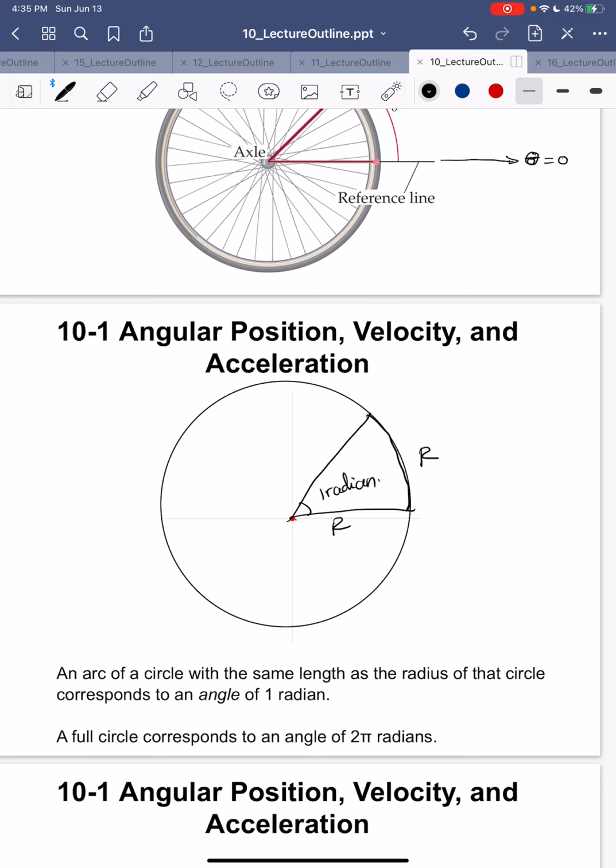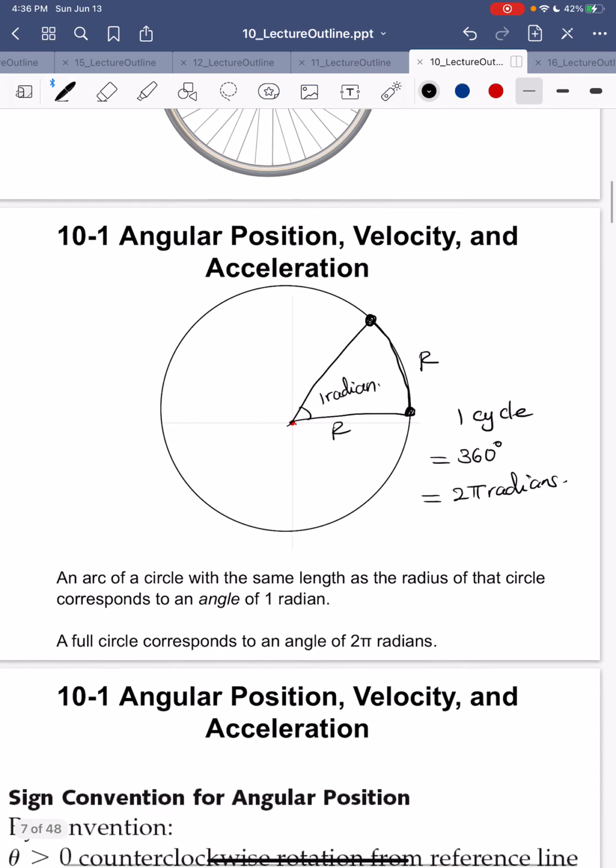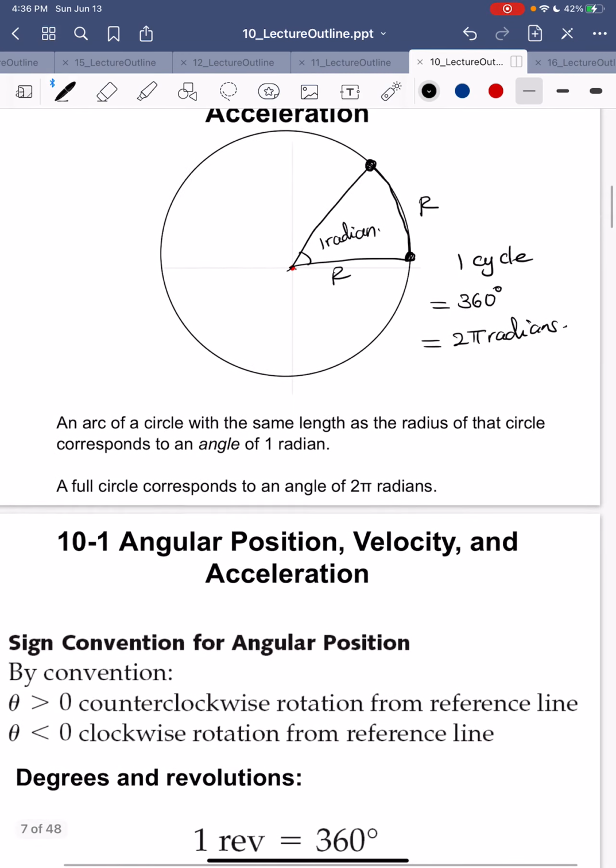And of course, if we talk about a full rotation, 1 cycle, it is 360 degrees and it is 2 pi radians. And we will use these in conversions.